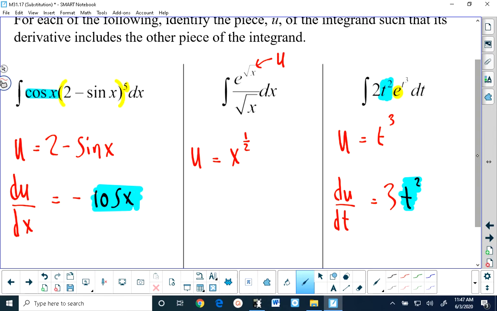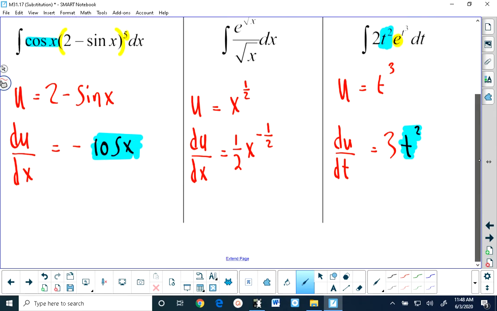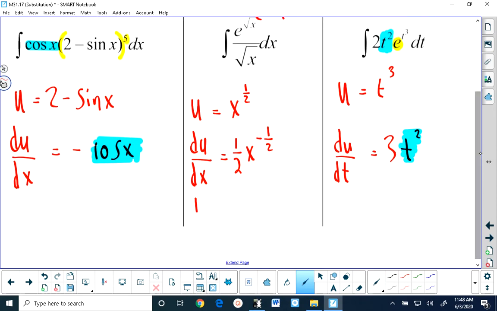And the reason for that is when I differentiate this with respect to x, I'm going to get 1/2 x to the negative 1/2, but that's equivalent to 1/2 times 1 over x to the half, and x to the half is root x.